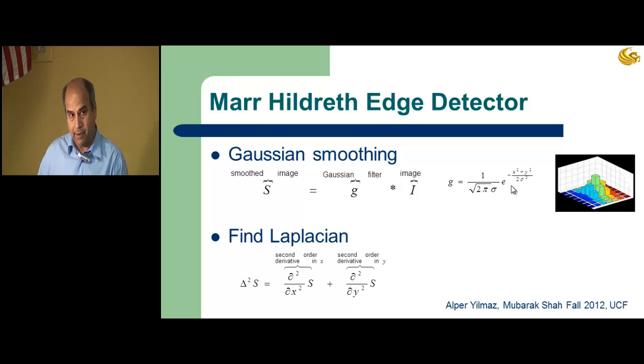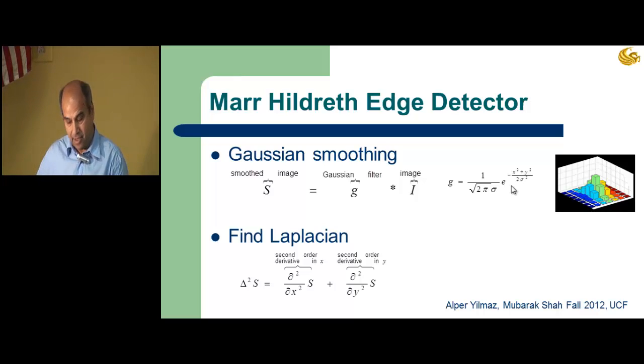Then after that we want to find the Laplacian of that. That is what this is showing here. The Laplacian, as I said, means we want to find the second derivative with respect to x plus the second derivative with respect to y of this filtered image, which is S. We started with I, we apply the Gaussian, we get the new image called S, then we find the second derivative of S with respect to x and with respect to y, and we add them up.